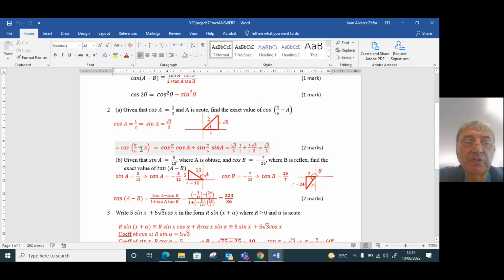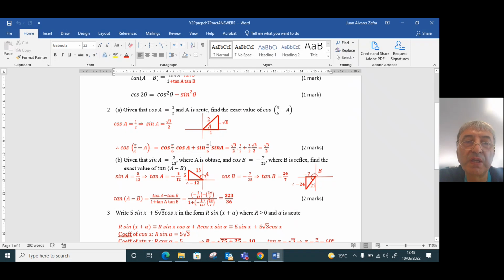Well, cos(π/6 - A) is going to be cos(π/6) cos A plus sin(π/6) sin A. You should know what cos(π/6) is. That's cos 30 degrees, which is root 3 over 2. And sin(π/6), which is sin 30, is a half. So what we really need to do is work out what sin A is, because we know that cos A is a half.